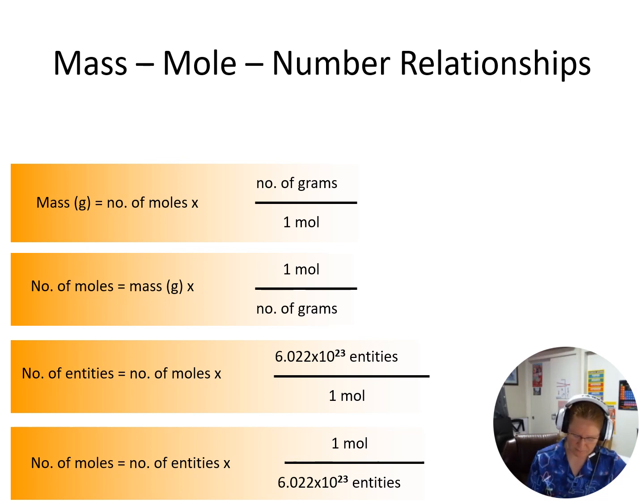If I want moles, I take mass times mole over grams, so mass cancels out. If I want number of entities, I take moles times entities over mole, so moles cancel. Or if I want moles, I take entities times mole over entities, so entities cancel out. Okay, and so that's how we set up these relationships.